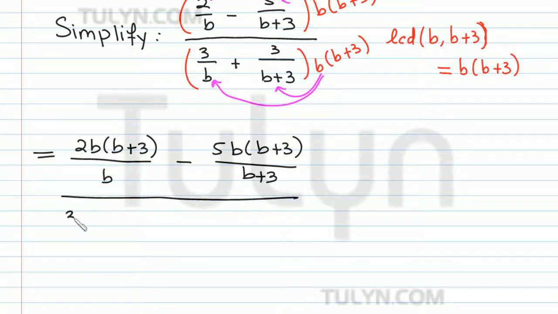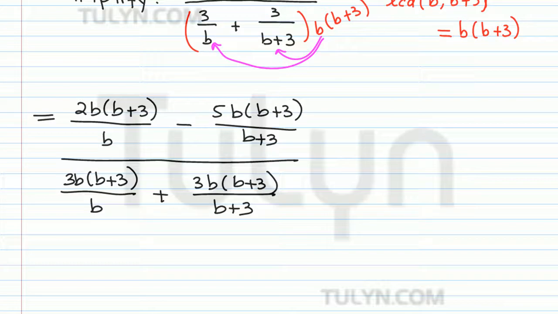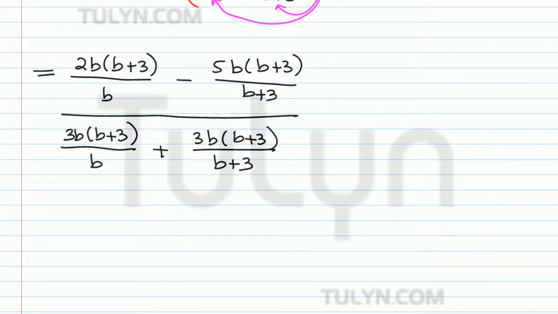And then the denominator is going to be 3b times b plus 3 over b plus 3b times b plus 3 over b plus 3.